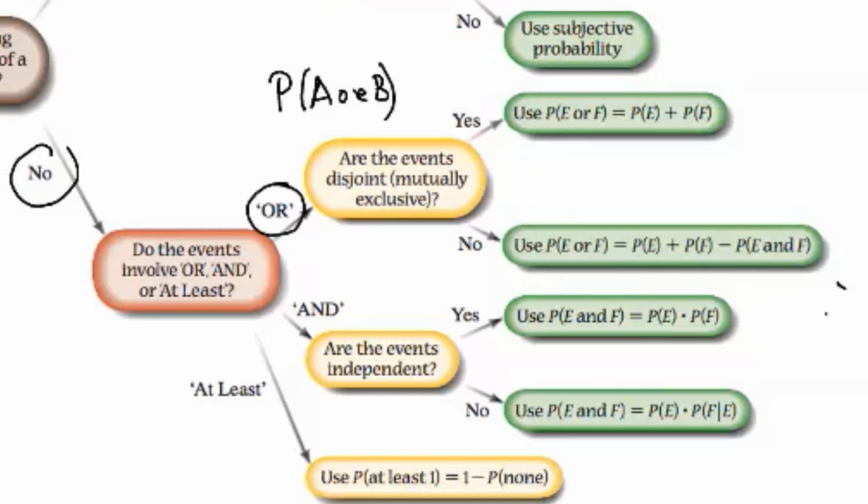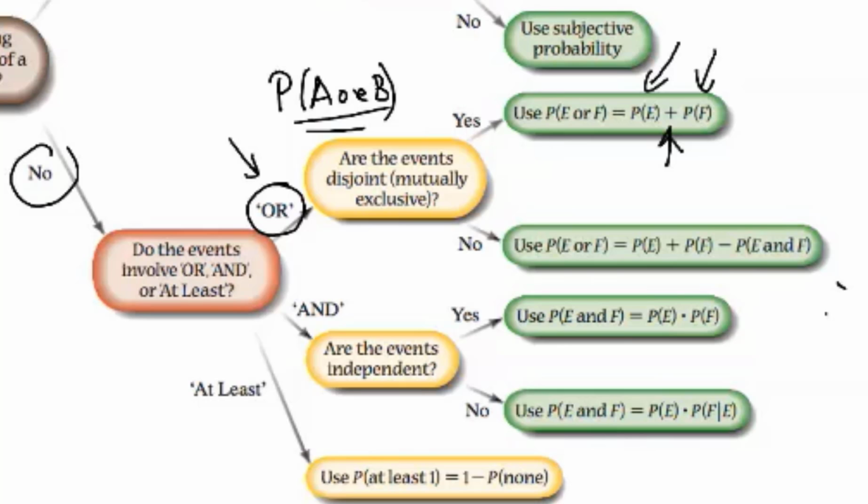The two events are joined by the word or. The most important question when you encounter or is: are the events disjoint, or mutually exclusive? If they are mutually exclusive, you can compute the probability by computing the individual probabilities and adding them. That is the addition rule.